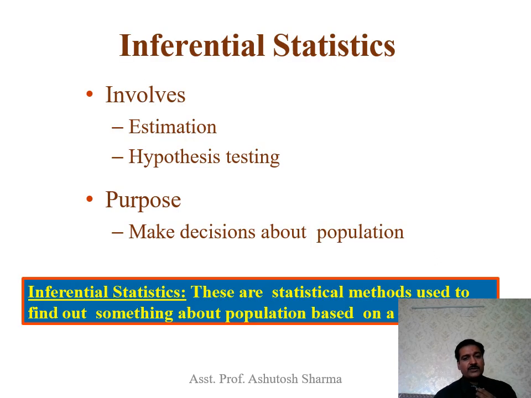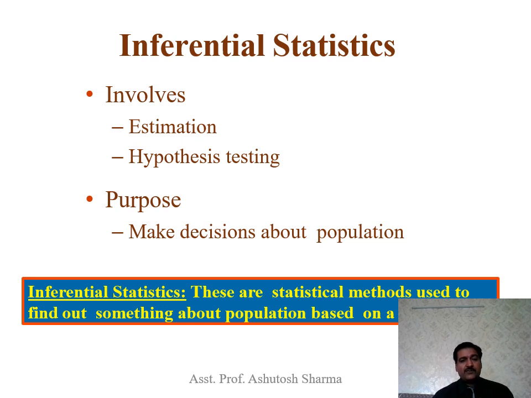And what are inferential statistics? Where we make estimations to infer about the population or we test the hypothesis. Here we make use of inferential statistical techniques. Further, we can include correlation and regression as well. And what is the objective of using inferential statistics? To make decisions about populations.